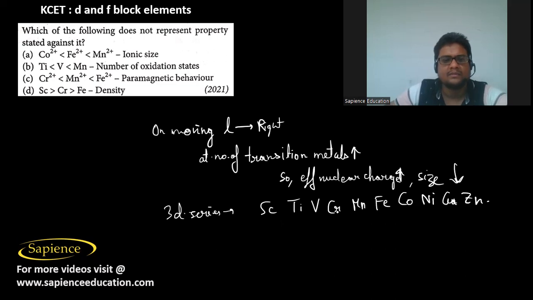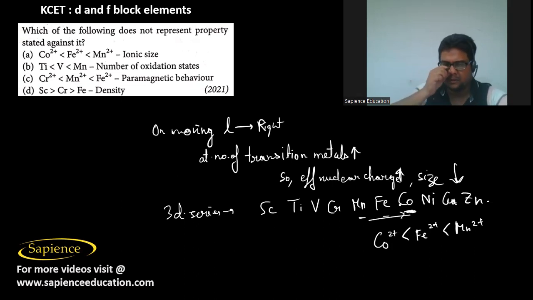So here it means that the size decreases across cobalt, Fe, and Mn. So cobalt, Co2 plus size will be lesser than Fe2 plus, less than Mn2 plus, since as we go towards the right, the ionic size also decreases.